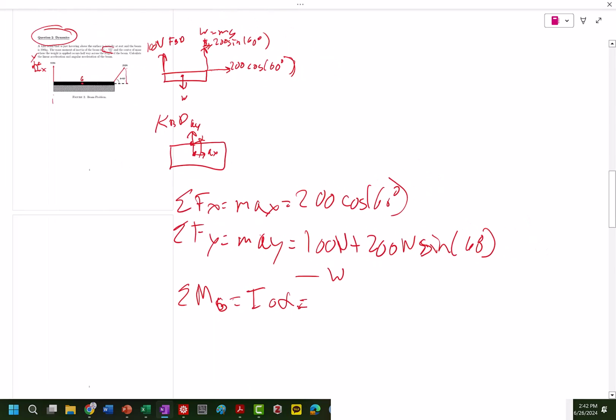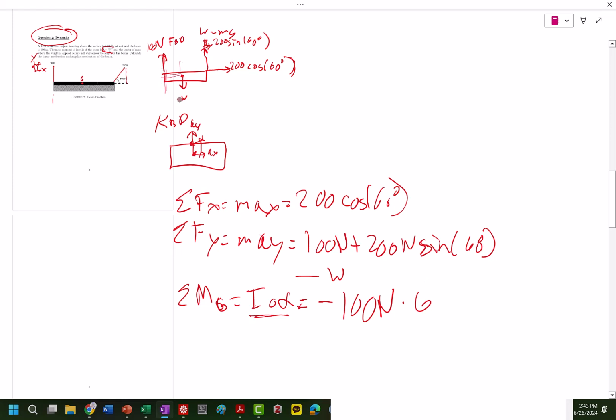So the kinetic moments will just be this, and because we're doing it about G, we don't have to deal with weight. If we have this moment here, the perpendicular distance from the line of action, if we put our finger there to curl in that direction, it's going to be minus 100 newtons times 6.